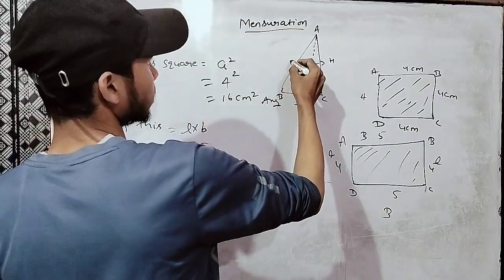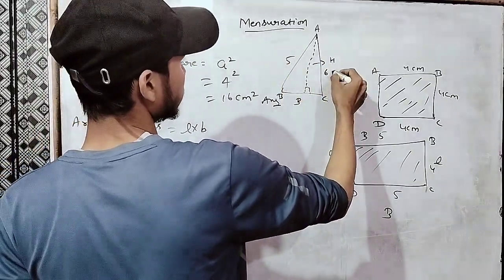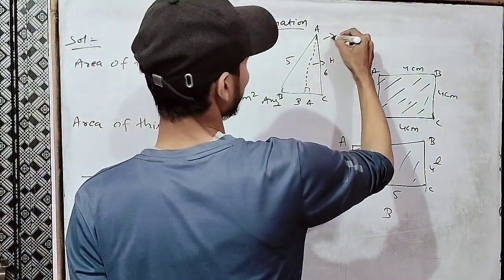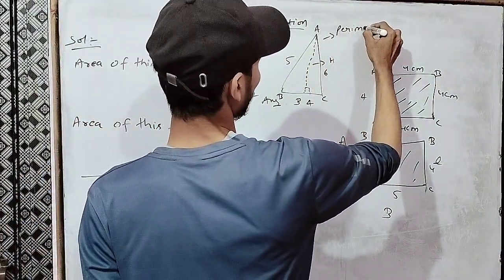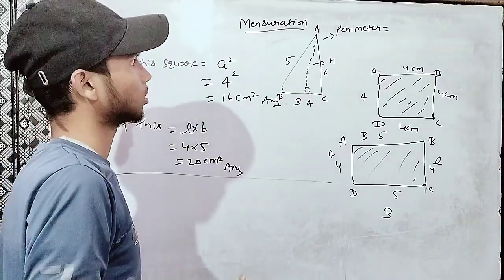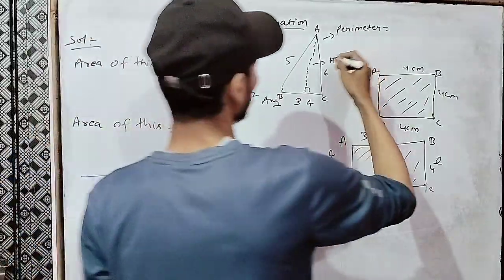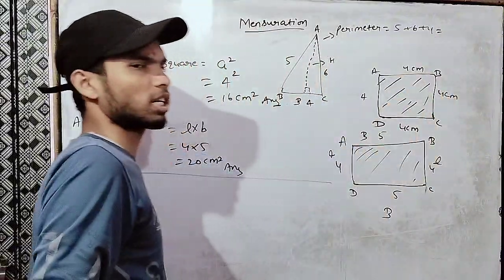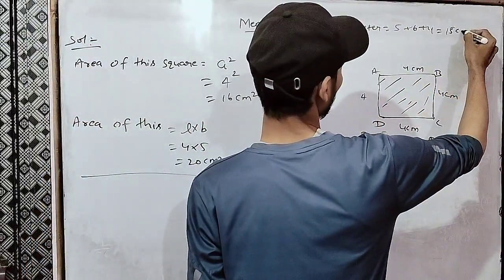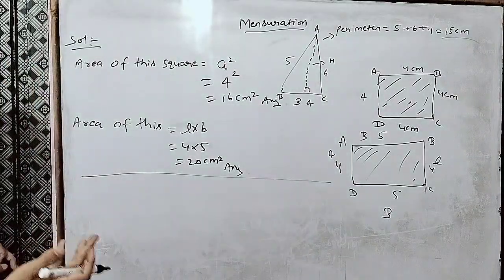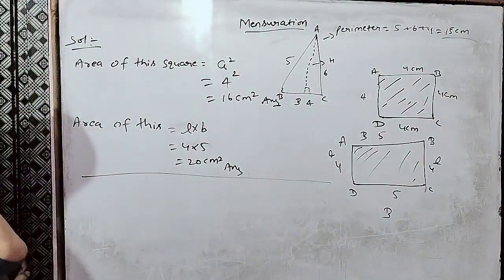For example, this is 5 centimeter, this is 6, and this is 4 centimeter. So the perimeter would be the sum of all the sides: 5, then 6, then 4. 6 plus 4 is 10, 10 plus 5 is 15 centimeter. This is the perimeter, the total length around the triangle.